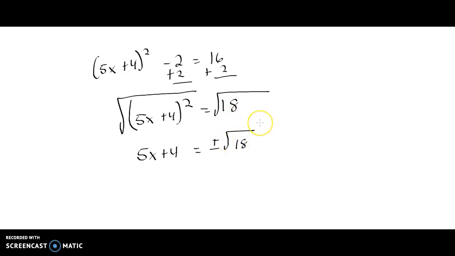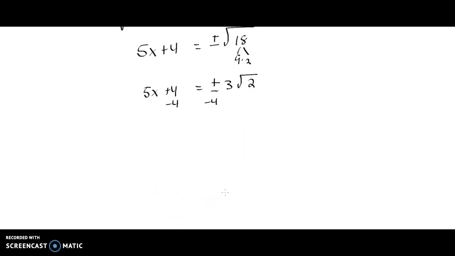And I can simplify that down further, right? Because I know that 18, when I factor it, is 9 times 2. So I have 5x plus 4 is equal to plus or minus the square root of 9, which gives me 3, times the square root of 2. So I will subtract my 4 from both sides because now I want to get my x by itself. So when I subtract, I have 5x is equal to negative 4 plus or minus 3 times the square root of 2.